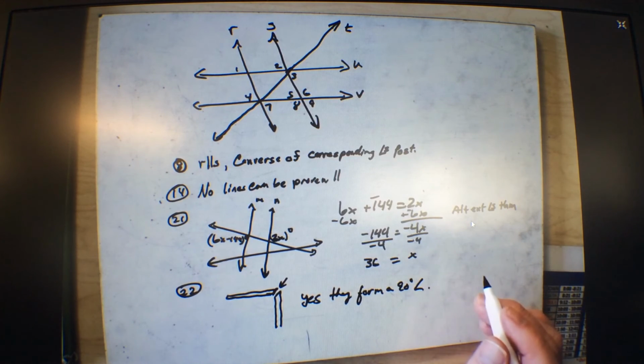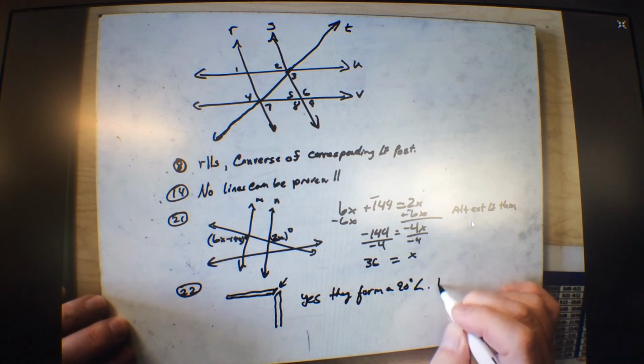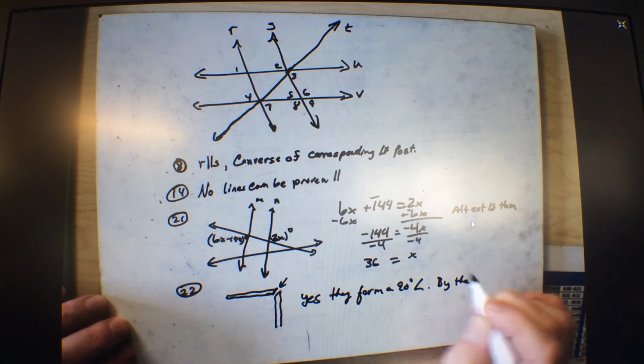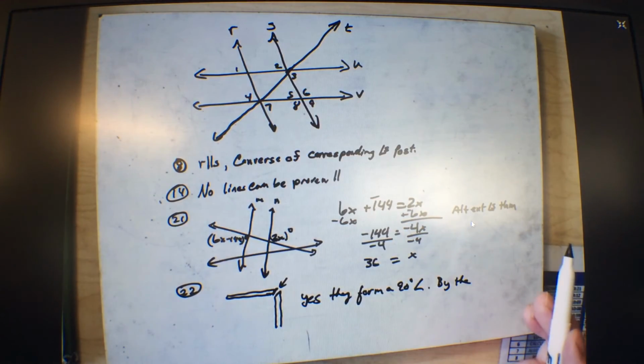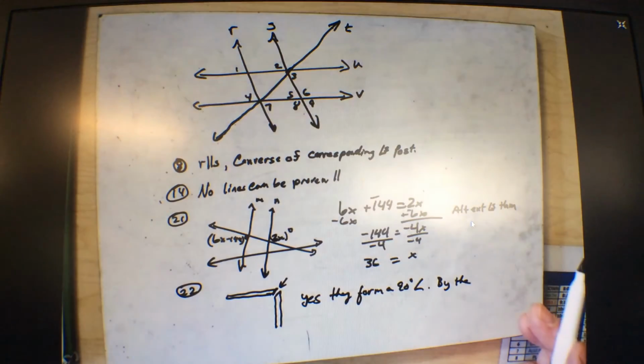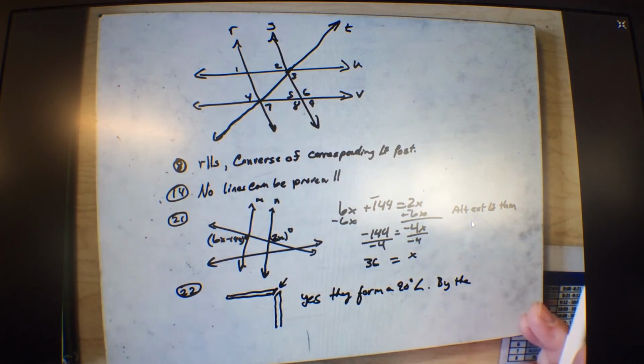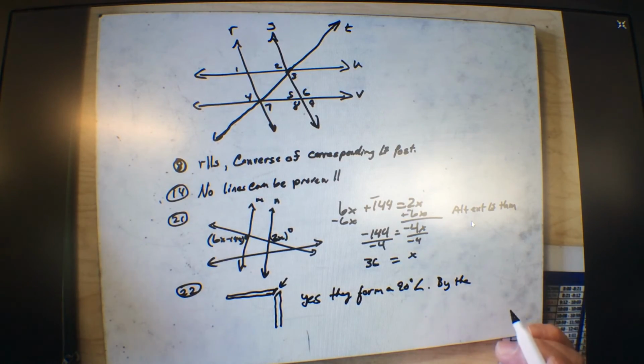In other words, they're perpendicular if they form a 90-degree angle, right? So by the, what did we learn? By the, what does this say right here? I erased it. By the converse of the perpendicular transversal theorem.